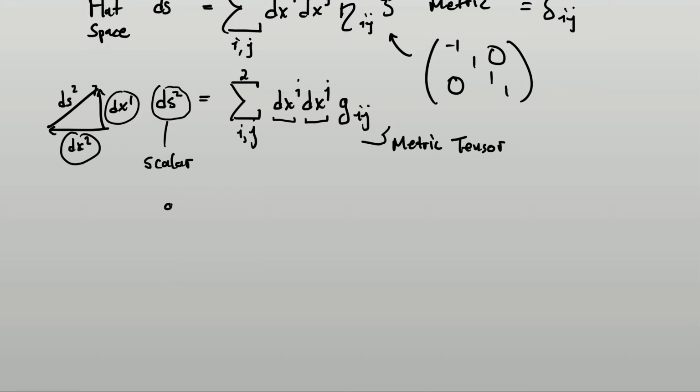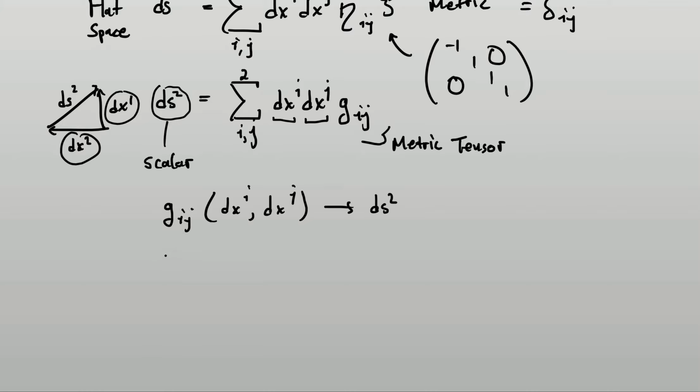So gij takes in two vectors, and produces a scalar. And this is how we're going to want to think about this. This happens to be a tensor of rank 2.